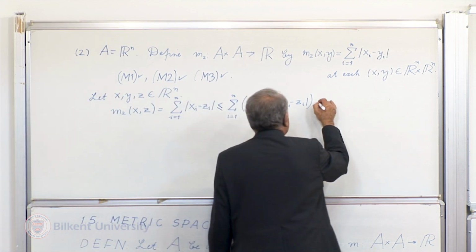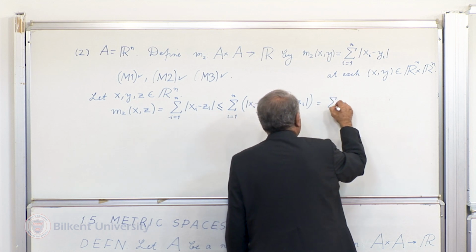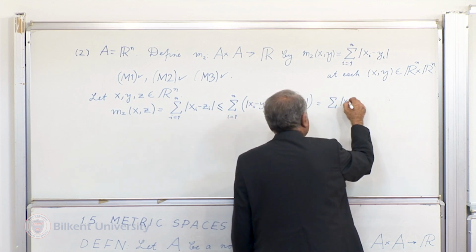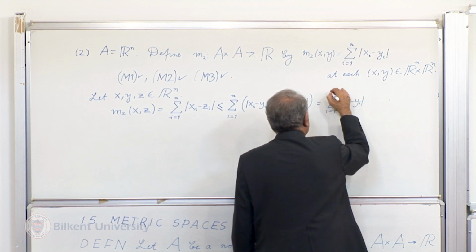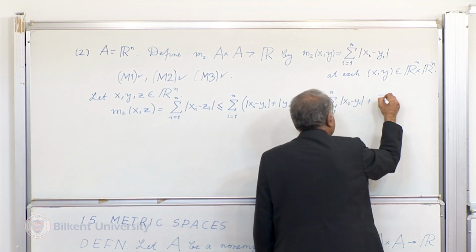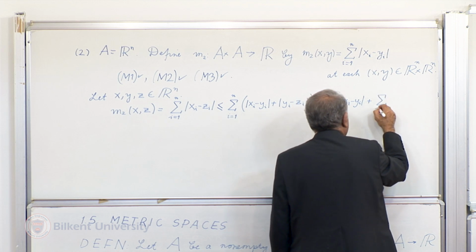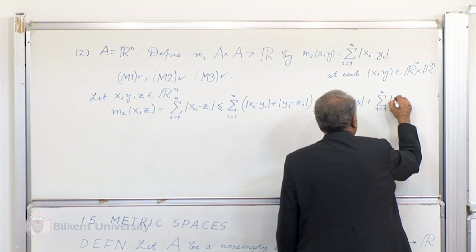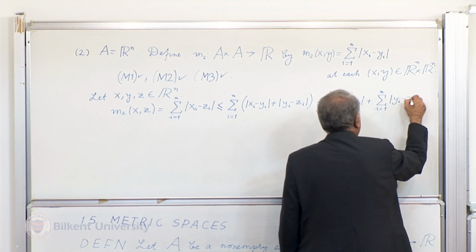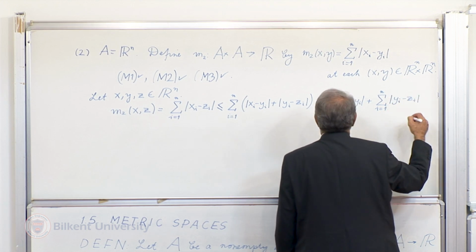But this is just the sum of the absolute value of xi minus yi, i from 1 to n, plus the sum of i from 1 to n, yi minus zi.